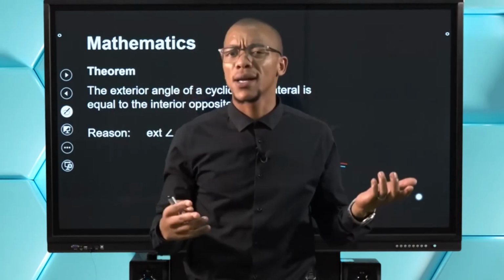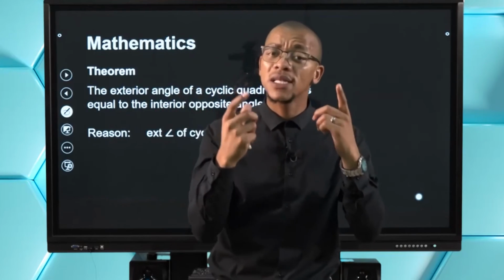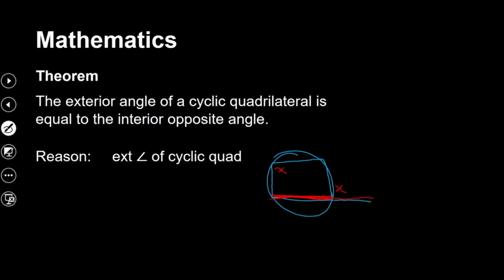Those are the things that you please need to note. So our reason for this is normally exterior angle of a cyclic quad, or you can say exterior angle of C/Q. And that's what I will then have as the theorem there.